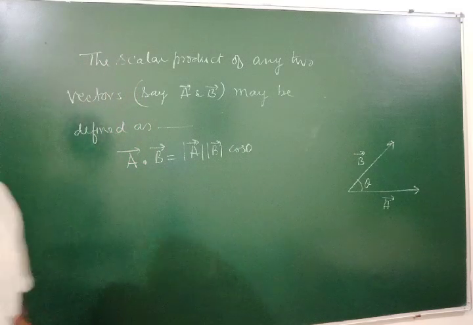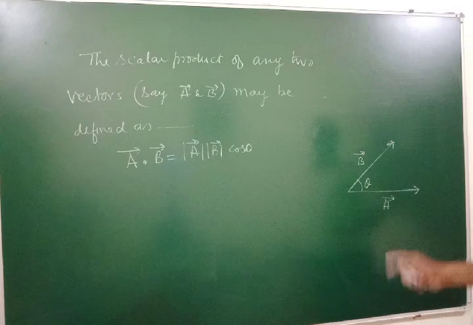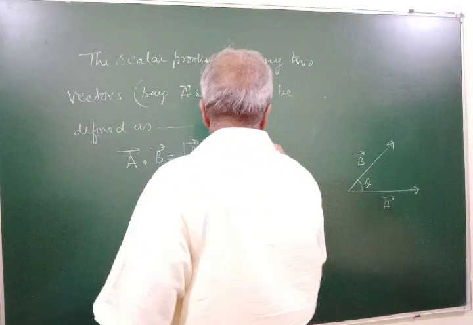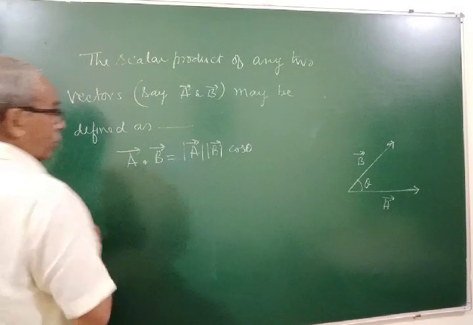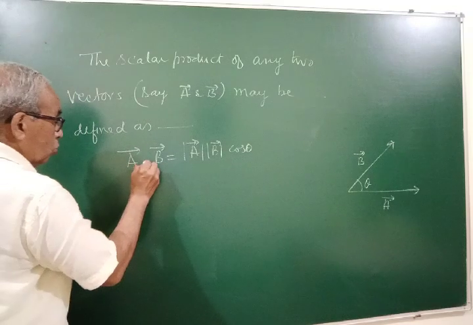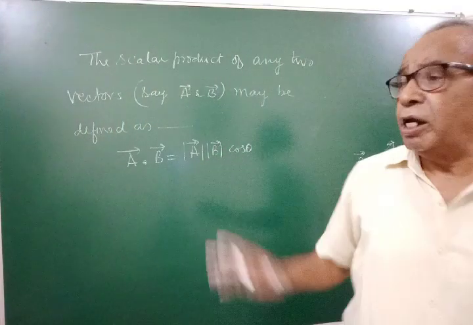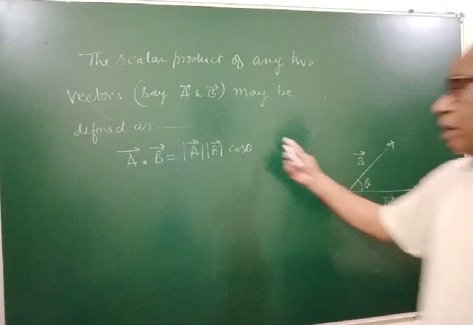That is, the magnitude of A multiplied by the magnitude of B multiplied by the cosine of the angle between the two vectors is the scalar product. Why is it called dot product? Because we use a dot to represent this product. We call it scalar product because the quantity comes out a scalar here.